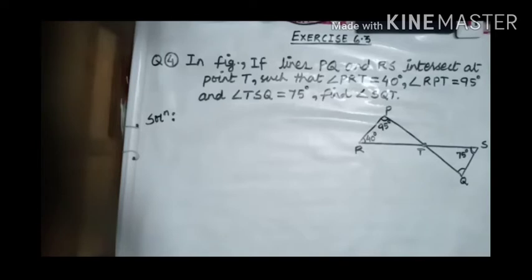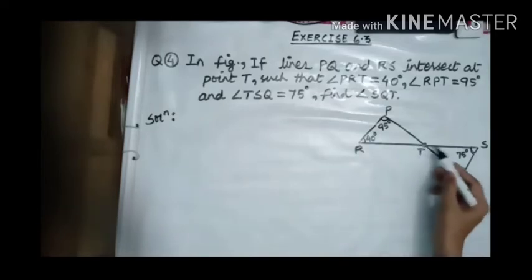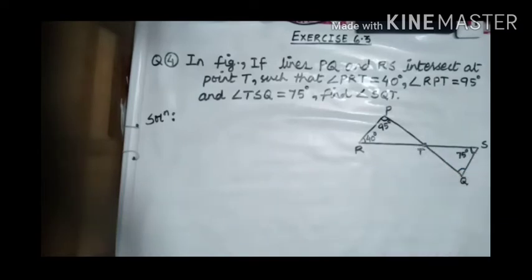So this time you may observe that this angle SQT is a part of triangle TQS. So in triangle TQS we use the angle sum property.